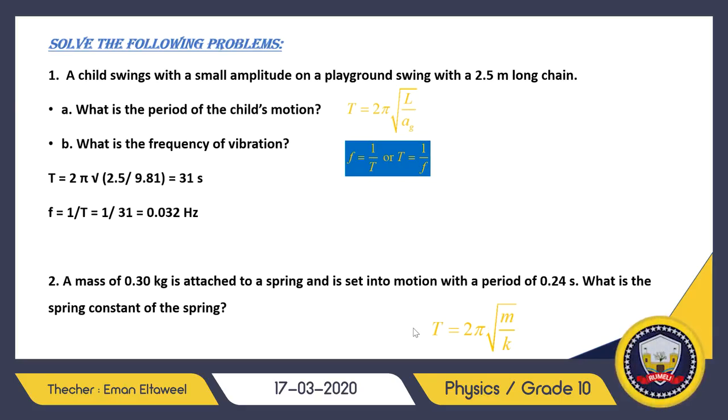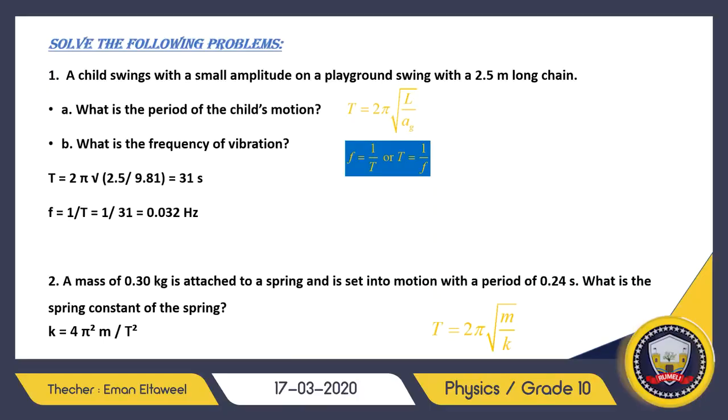To get k from under the square root, to get rid of the square root, we have to square the two sides of the equation. Then by cross multiplication, k will be equal to 4 pi squared m divided by T squared.